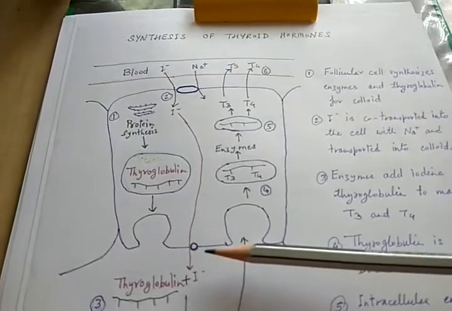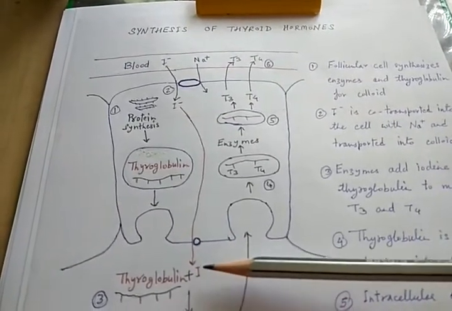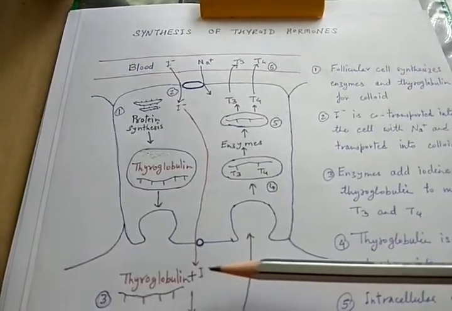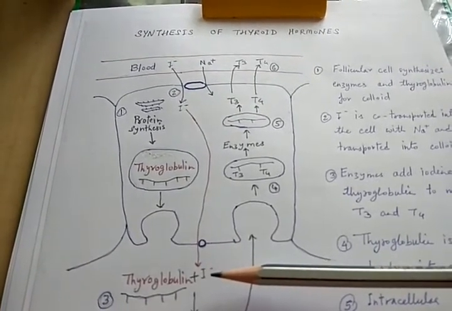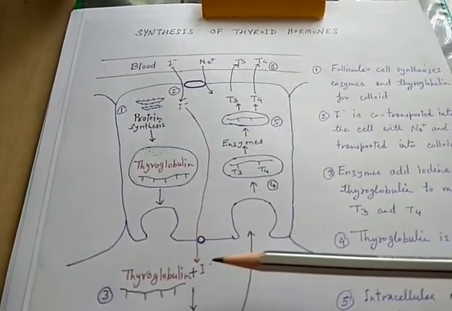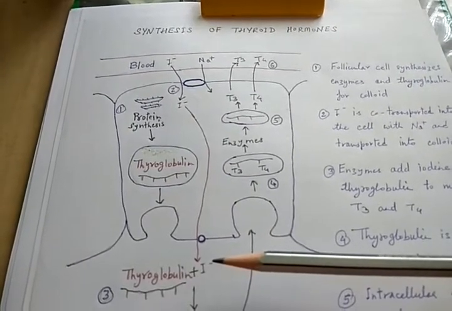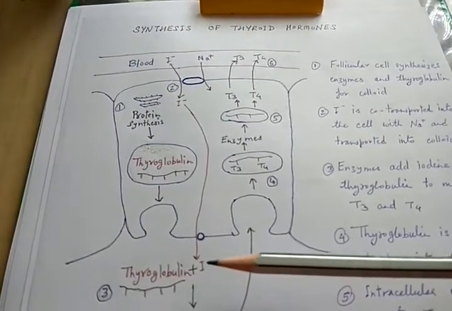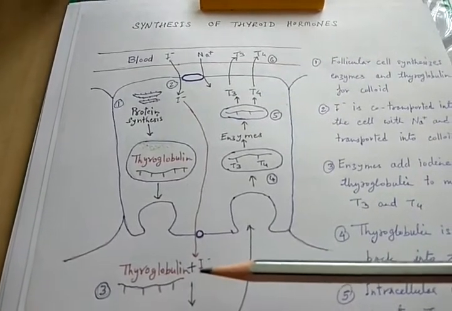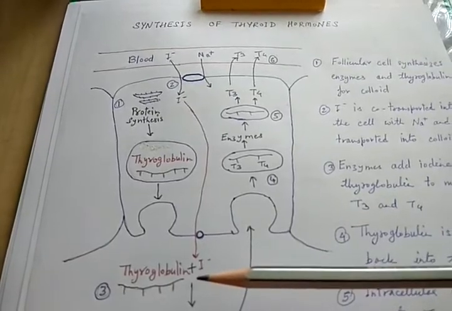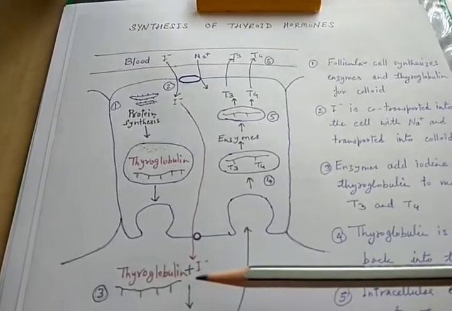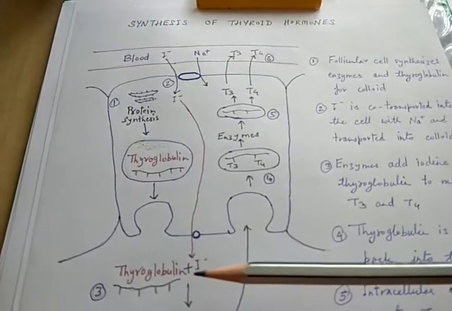So the next step is the oxidation of iodide ion to form iodine, so that it can be incorporated into the thyroglobulin molecule. After the oxidation of iodide ion, it is added to the thyroglobulin molecule, and the iodination of thyroglobulin molecule, this process is also known as organification.